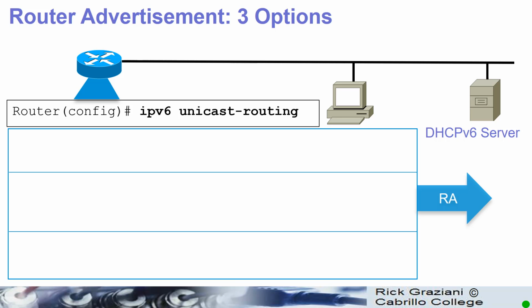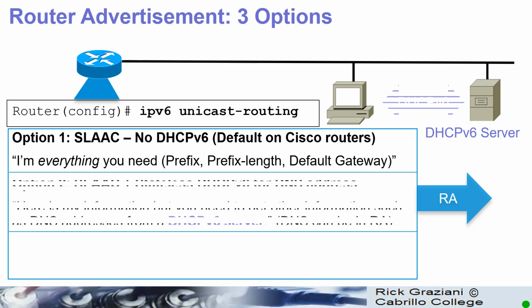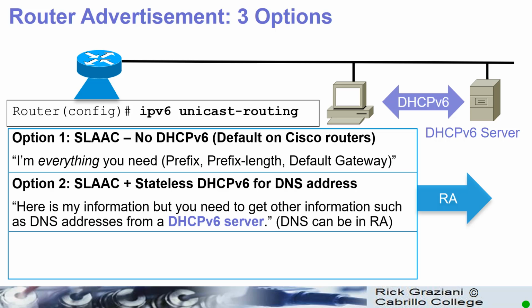Router advertisements have 3 options. We can do SLAAC, no DHCP, which is the default. Basically, the router provides everything that you'll need. Option 2 is SLAAC with stateless DHCP for DNS. Basically, here's my information, but you need to get other information, such as the DNS settings, from the DHCP server.